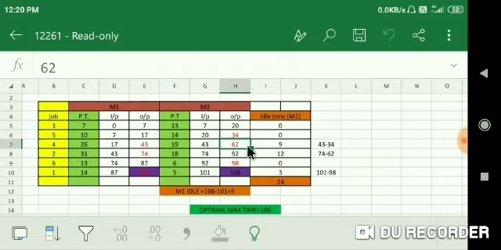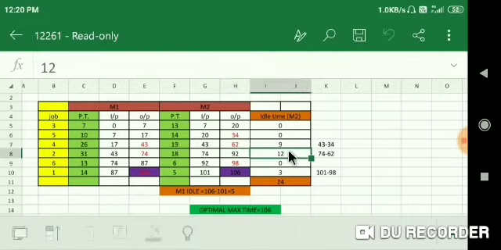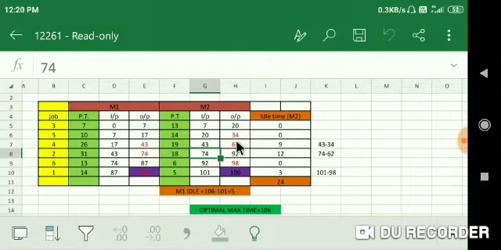So 74 minus 62: after 12 minutes we get raw material from machine M1. So machine M2 will remain idle for 12 minutes here. We will start from 74, not from 62. Then 18 is the processing time. So 74 plus 18 is 92.